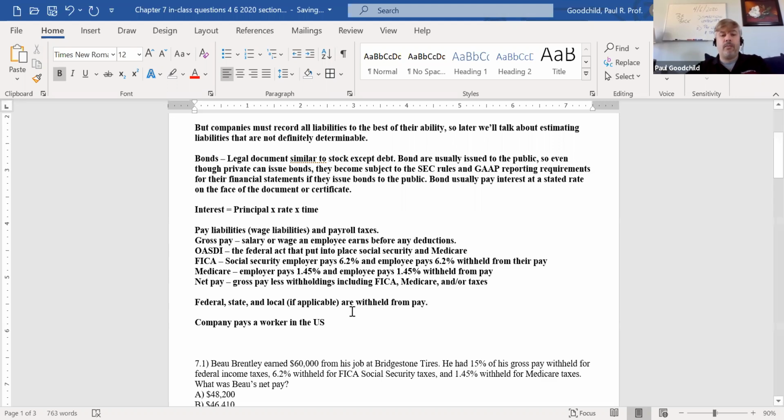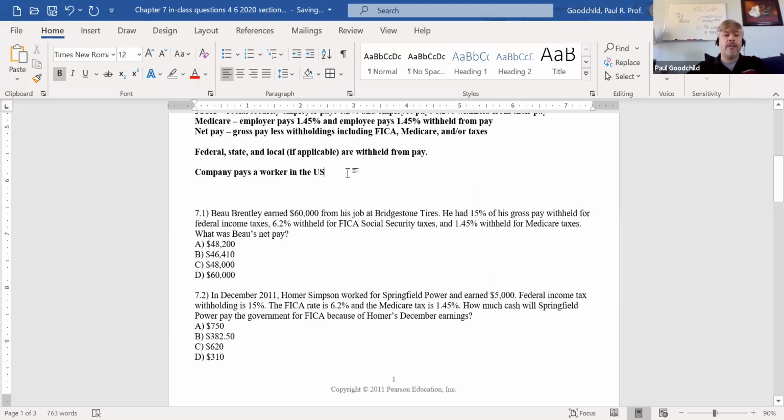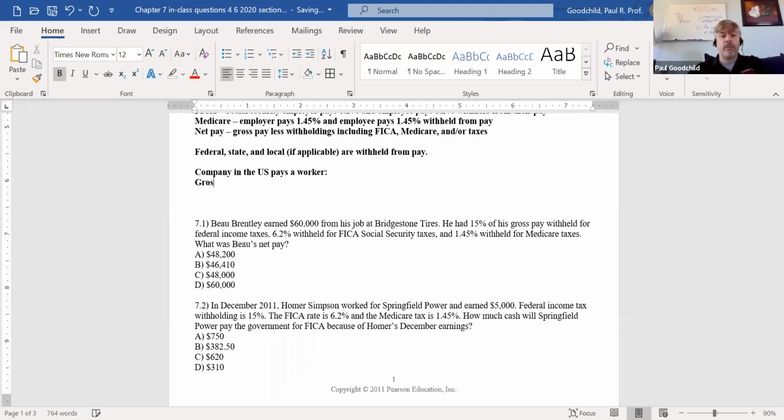So the way it works, a company in the US pays a worker gross wages.